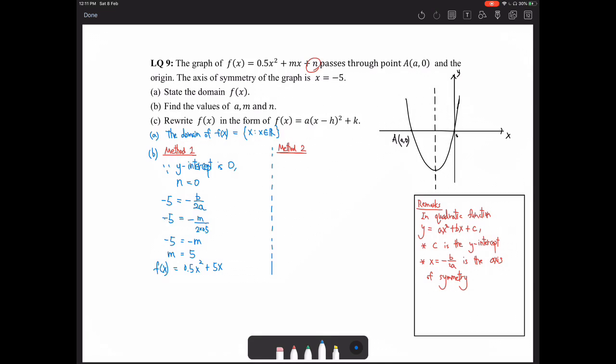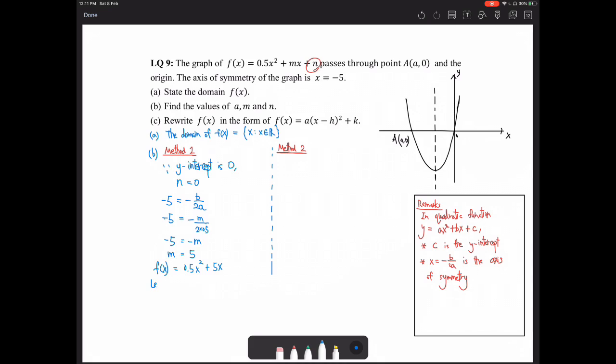Now we know point A is the intersection point between the parabola and the x-axis, right? How to find A? We can let y be 0, then solve the equation.